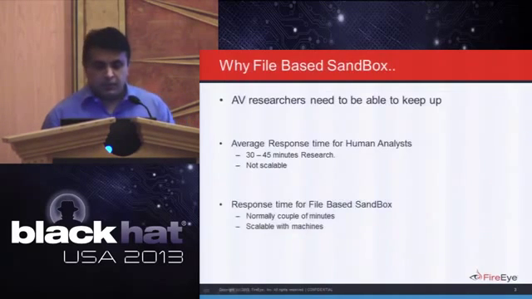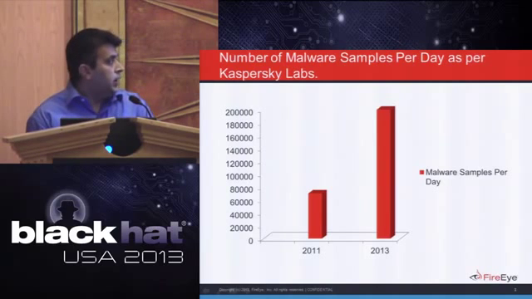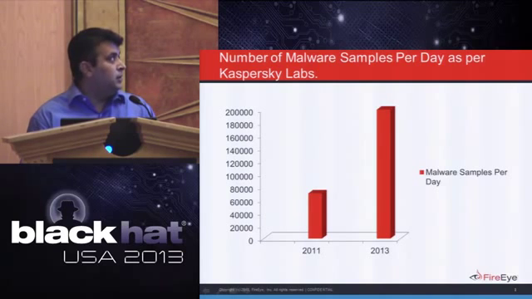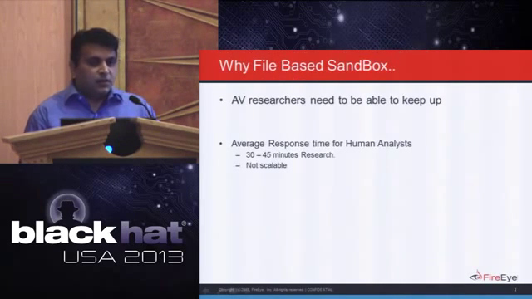Thank you, Zheng. In 2011, we were seeing close to 80,000 samples per day. And in 2013, currently we are seeing close to 200,000 samples per day. It is quite obvious that we won't end up analyzing all the 200,000 samples.